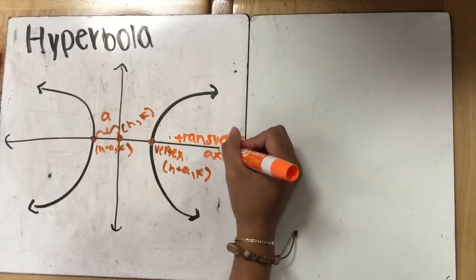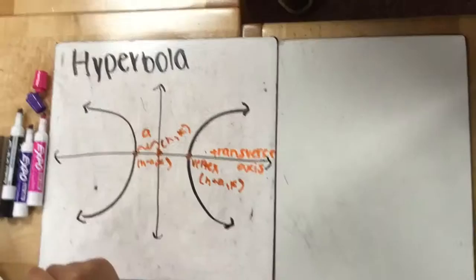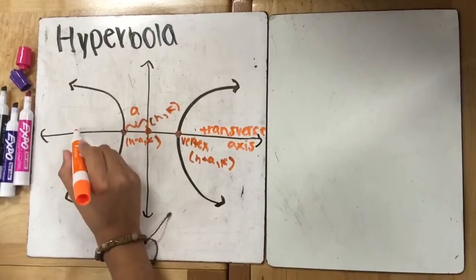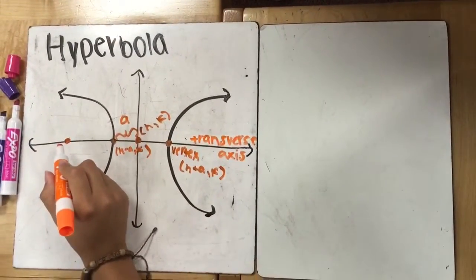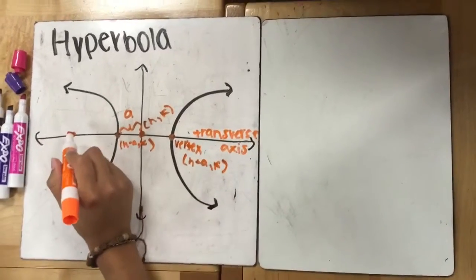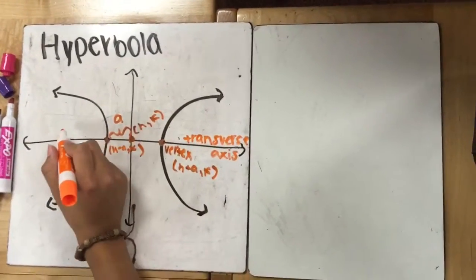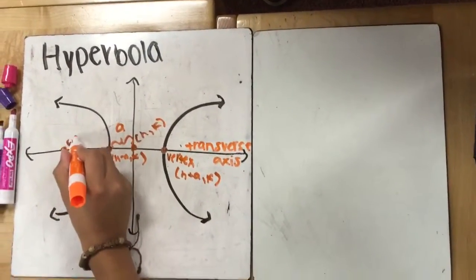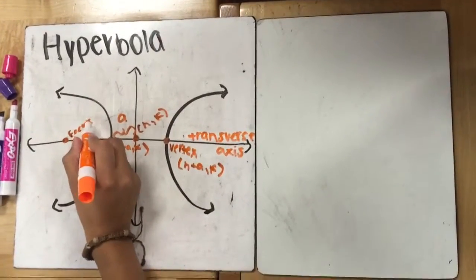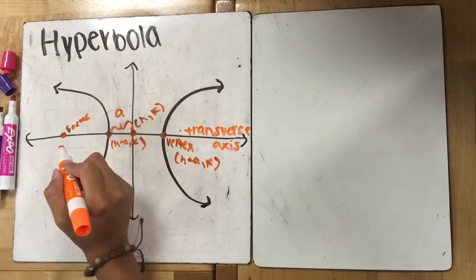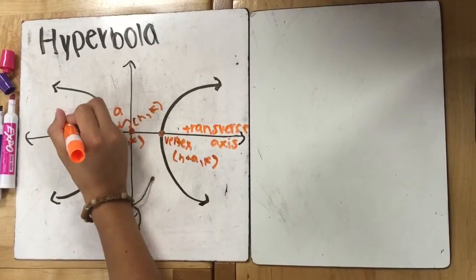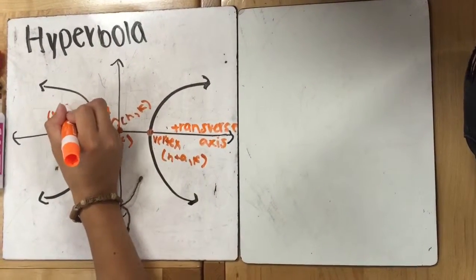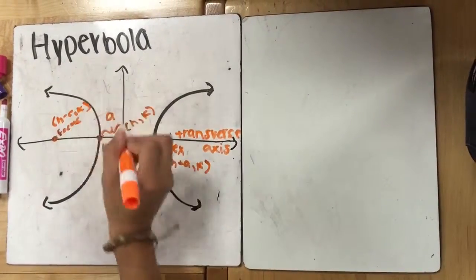The focus will be found here in this area on the axis, and the focus is equal to h minus c, k when it's on the left side.